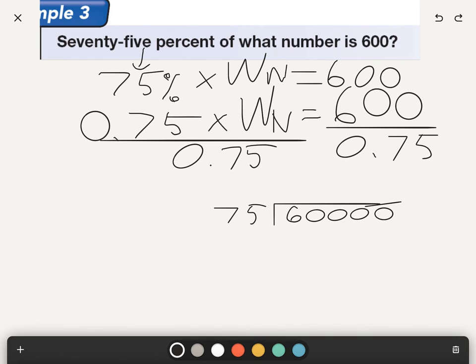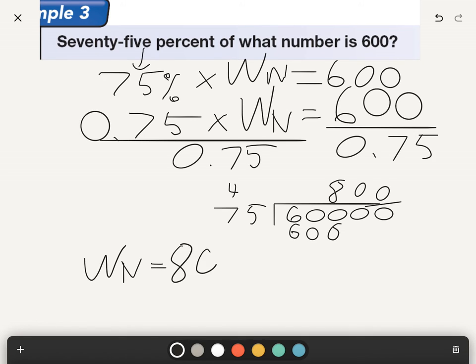What do I need to multiply by to get the 600? Be what? 7 or 8? Am I going too high? 8, I think. 8, 10, 5, 40. Okay, yes, there we go. So that gets us to what number equals 800?